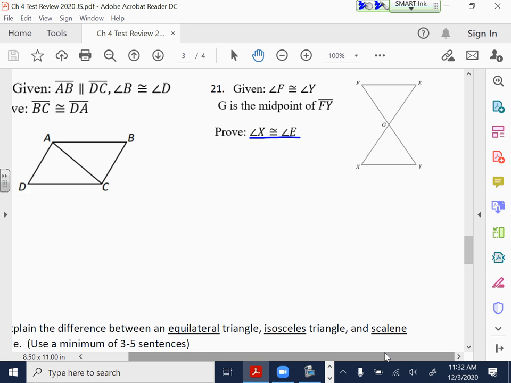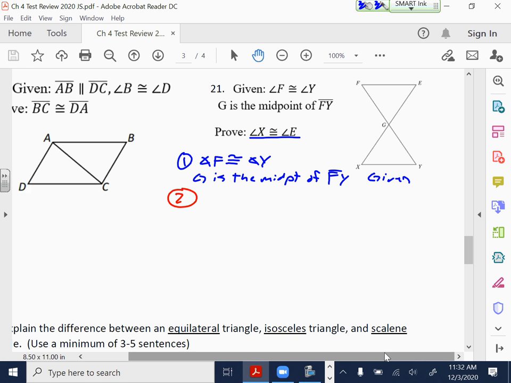So angle F is congruent to angle Y. Actually, let's write that out for my given. Angle F congruent to angle Y. And G is the midpoint of FY. So that is all given. So let's make sure we mark that.